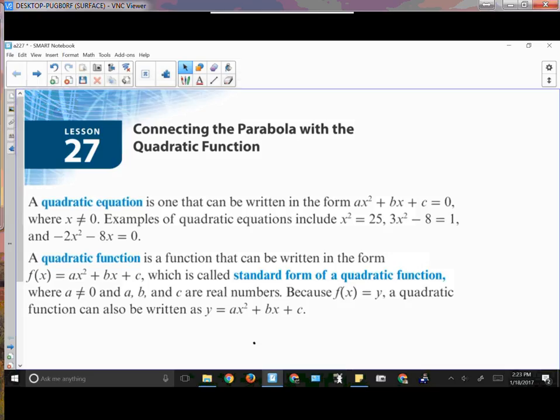Everything that we do with it is always working in this form of ax squared plus bx plus c. We identify what a is, we identify what b is, we identify what c is, so that when we come to doing specific things and trying to solve things, we know where the a is, we know where the b is, we know where the c is. Now, we've been playing with this kind of stuff for a while now.